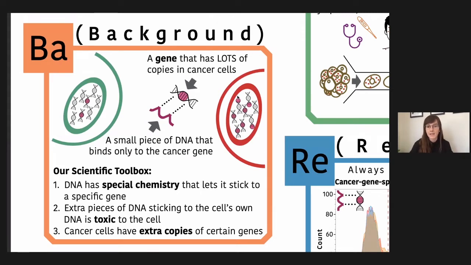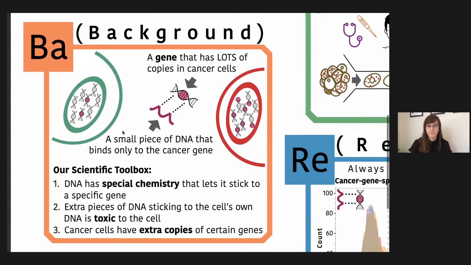In cancer cells, this pink gene, for example, that I've shown here, might show up a lot of times in that cell, whereas in a healthy cell, that pink gene might show up only a couple times. So that's one big difference that we can take advantage of when we're trying to think about how we can treat cancer cells without hurting the healthy cells. There are a couple other things that we know about DNA that we can use to design our experiments.